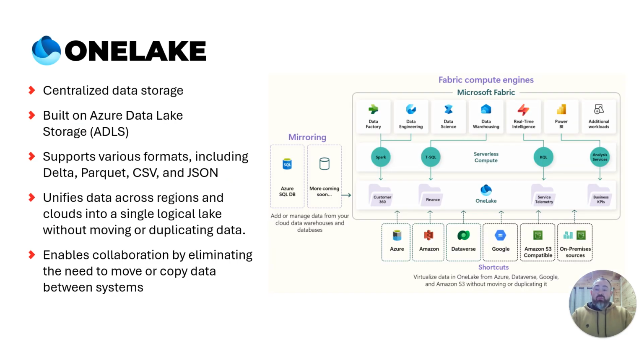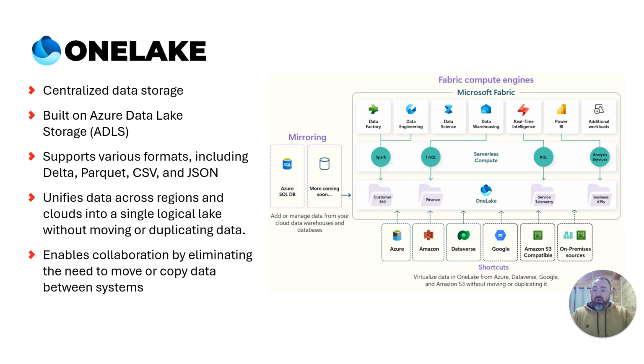And it's all tied together with OneLake, our centralized data storage, where all workflows lead into the one place, so we've got no confusion as to where our data is. It's all built on a familiar platform with Azure Data Lake Storage, and it will support various formats.